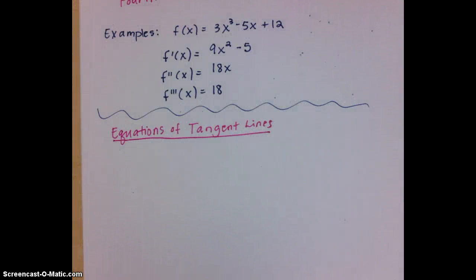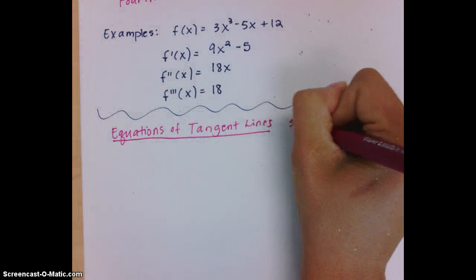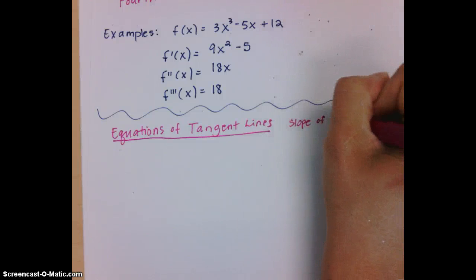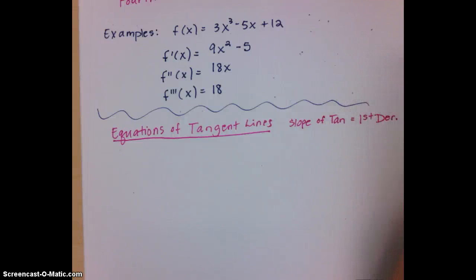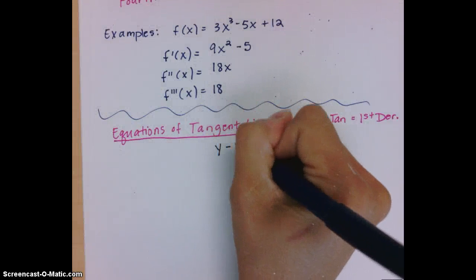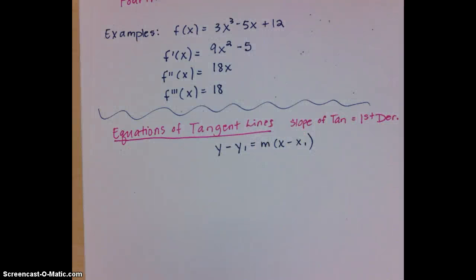We know that the slope of the tangent line represents the first derivative. And so we often are asked to not only find the slope of that tangent line, but to also write the entire equation of that tangent line. So remember, to write the equation of a line, we typically use the formula from algebra, which looks like this. And it's called the point slope formula, y minus y1 equals m times x minus x1.